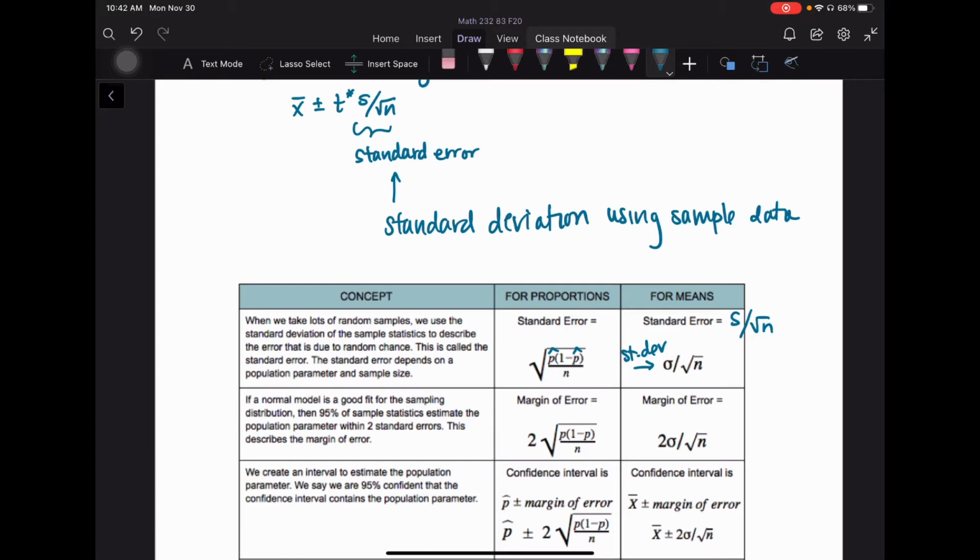Now, margin of error here is using this 2. And the 2 represents our 2 standard deviations from 95% of a normal curve. Remember that in this normal curve, within 1 standard deviation, we've got 68%. Within 2 standard deviations, we've got 95%.